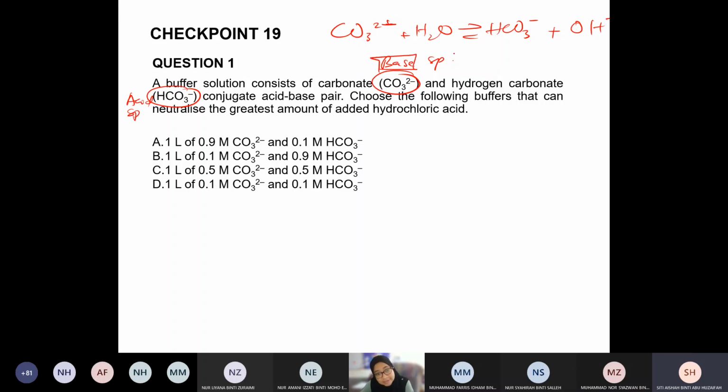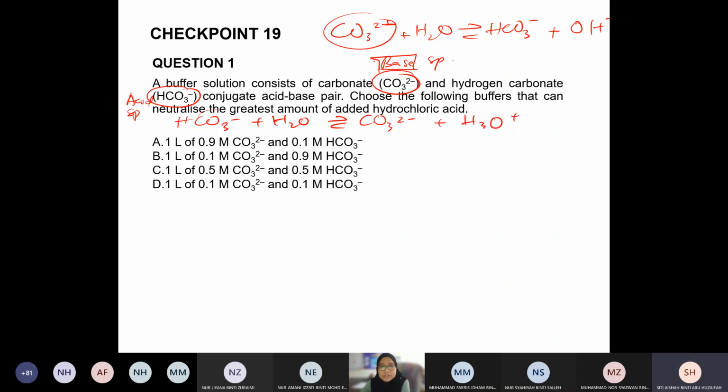Okay guys, we don't just guess whether it's base or acid. You write the equation. The same goes for HCO3 minus plus water. It will produce CO3 2 minus, which we predicted as the base just now, plus H3O plus.